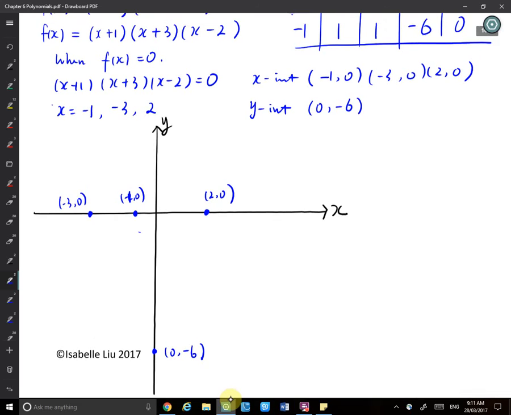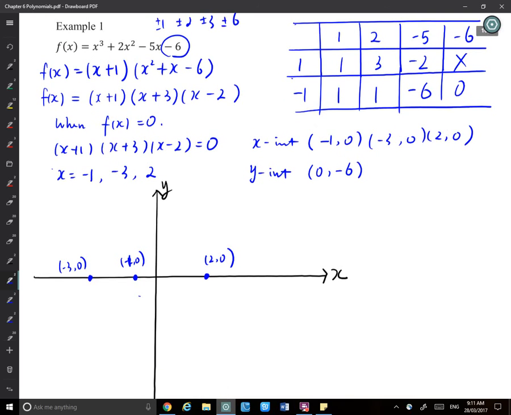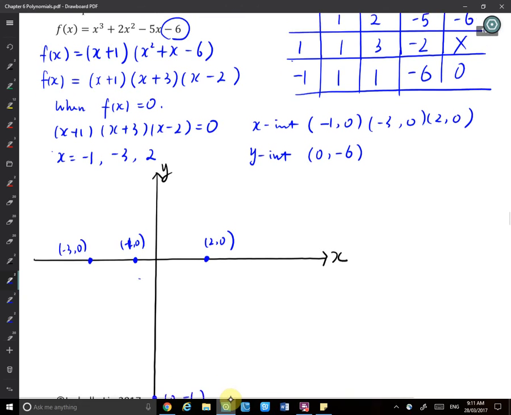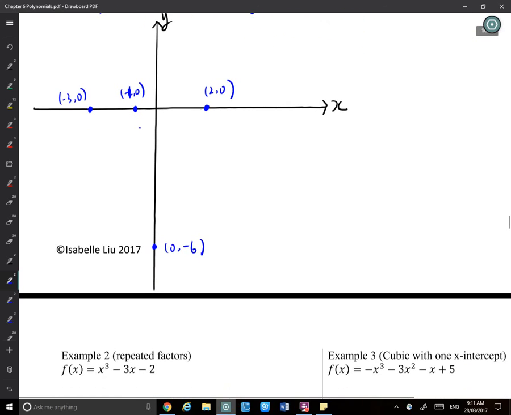The thing I will look at is the leading term. The leading term has a positive coefficient, so I will start from the top right. If the leading term is negative, say negative 2x cubed, I will start from the other side.